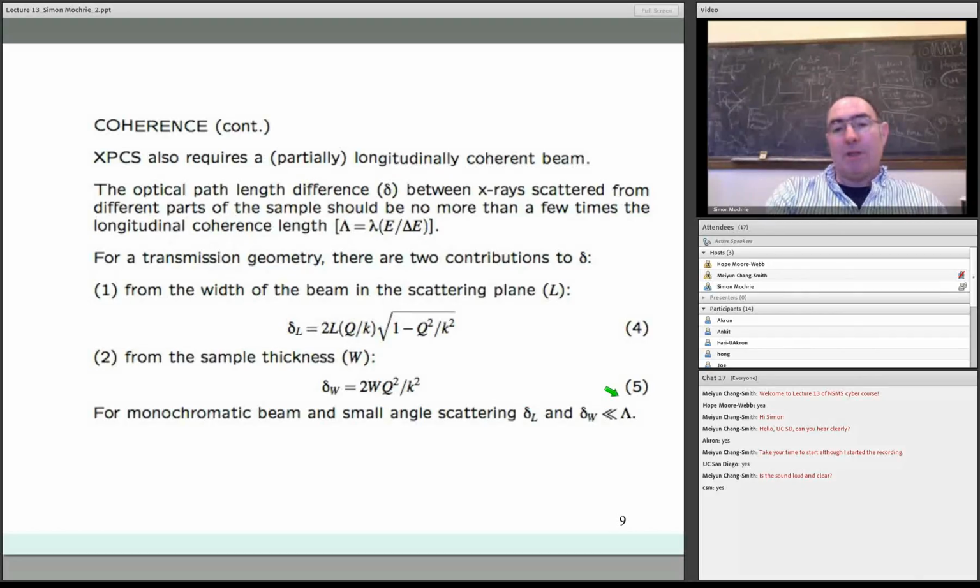Now, that is not true if you go to larger scattering angles than the ones that I'll describe today. But for what I'll describe today, it is true.